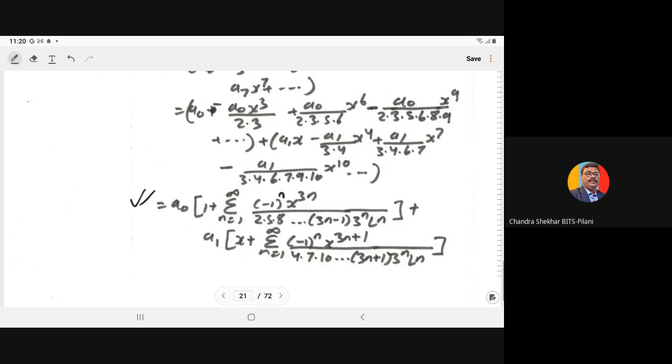Generally it is better to write the solution in the summation form, so that you can write it in short form instead of the complete series.